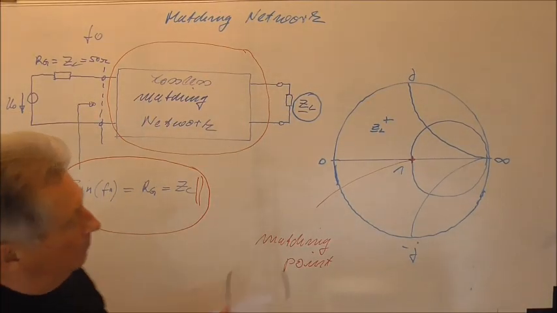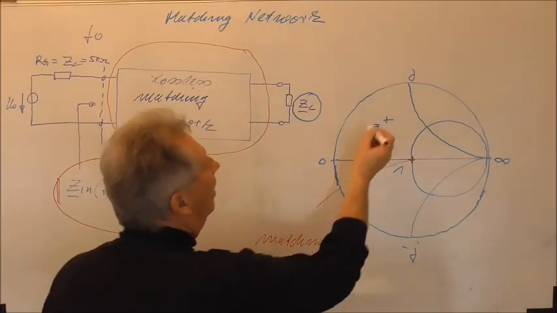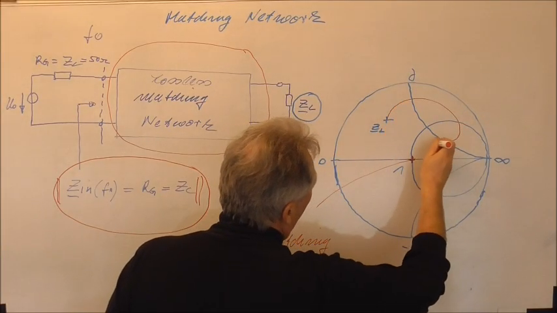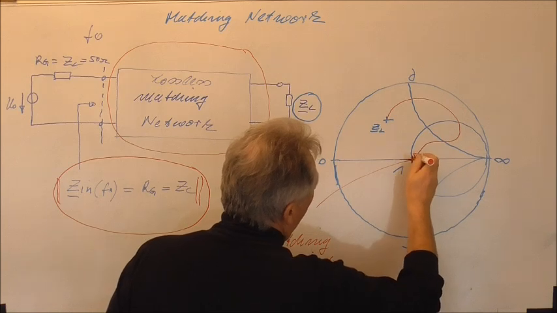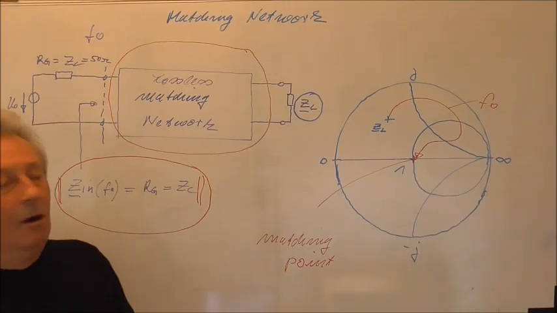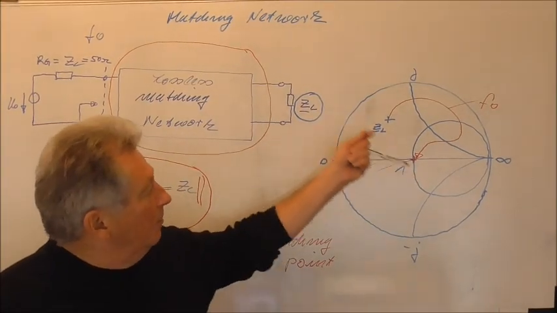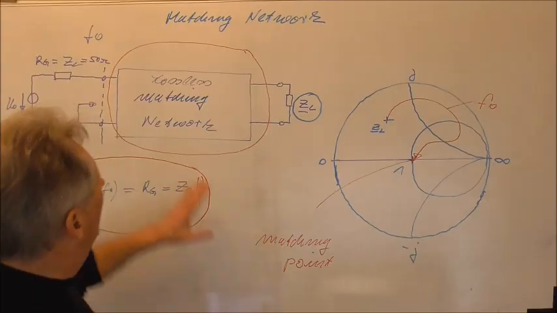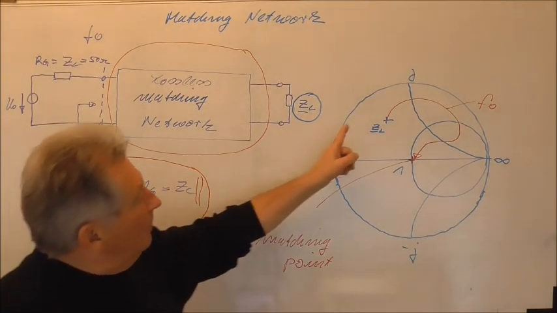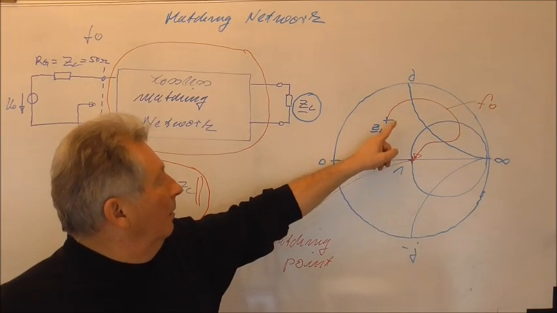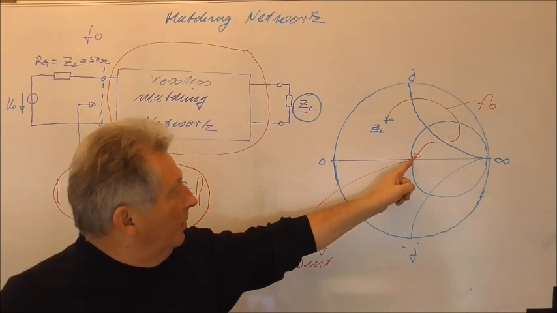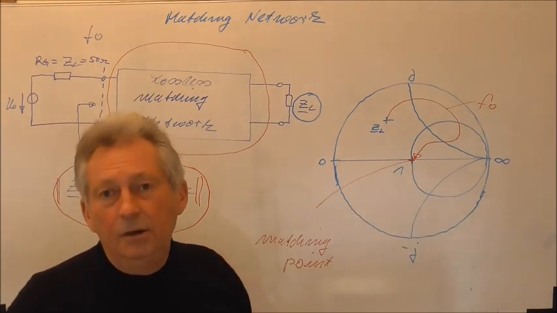Our matching network must somehow transform our load impedance at a certain frequency into our matching point. This is the purpose of our lossless matching network. The matching network must be constructed so that this load impedance, for a certain frequency, is transformed into the matching point.